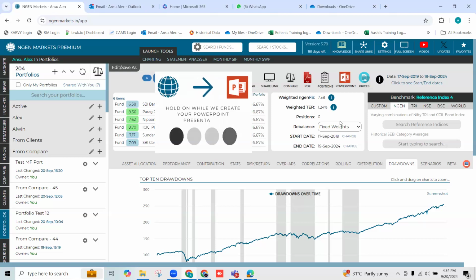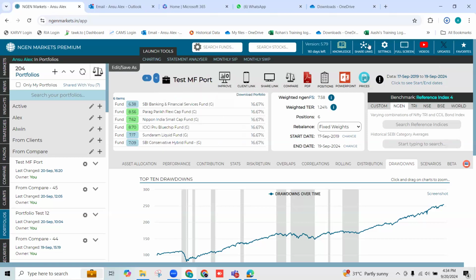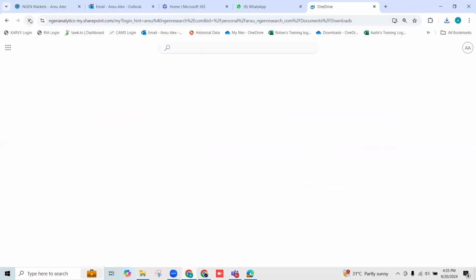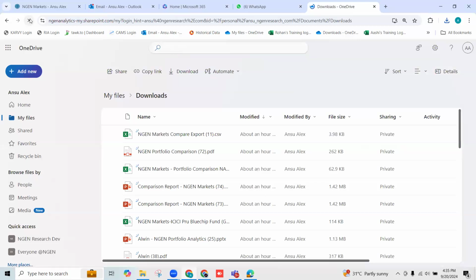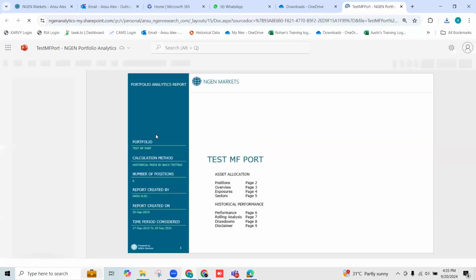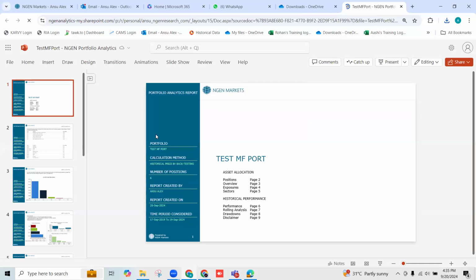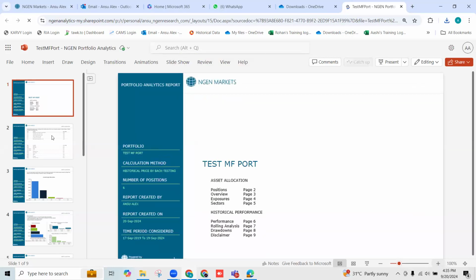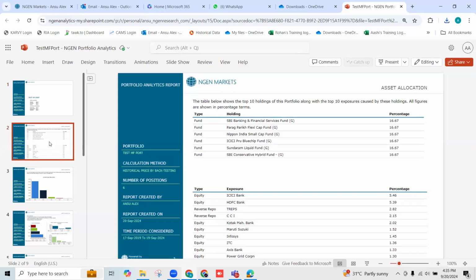You can anytime generate a standard percentage based PPT or an amount based PPT as well. So this is a standard PPT, which is a percentage based PPT.